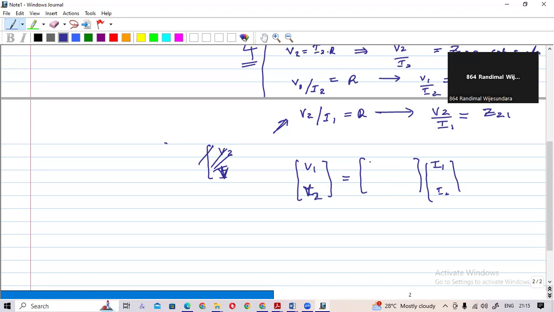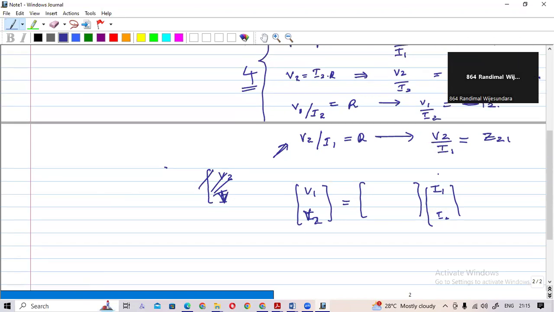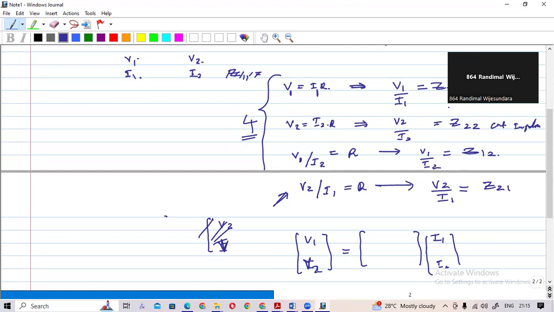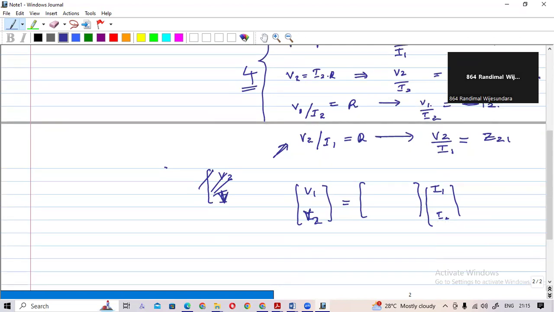And so using these voltage and current values, we can define four Z values. If you consider a two port, 2 into 2, that is 4 values you can define.